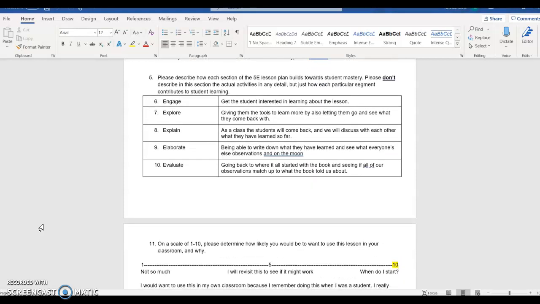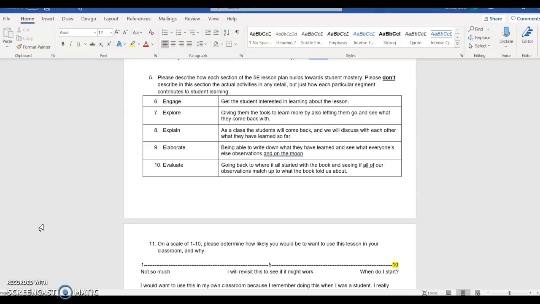Number 5, please describe how each section of the lesson plan builds towards student mastery. Okay, so for each part of it, Engage is getting the students' interest in the lesson and getting them ready to start it. Explore is giving them the tools and the research that we as teachers have and letting them explore a little bit.